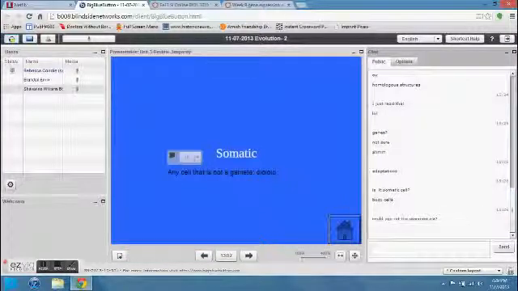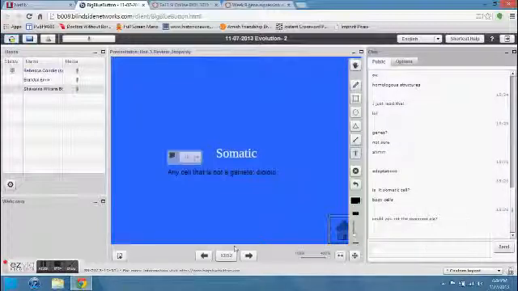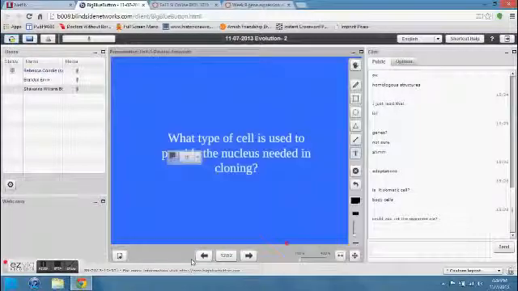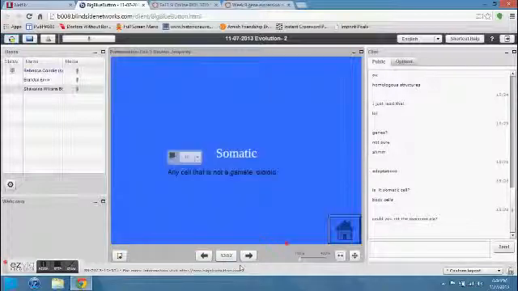Oh, repeat the question? Yeah. So, what type of cell is used to provide the nucleus? We use somatic cells because it's diploid. We don't fertilize a cell that we're cloning.